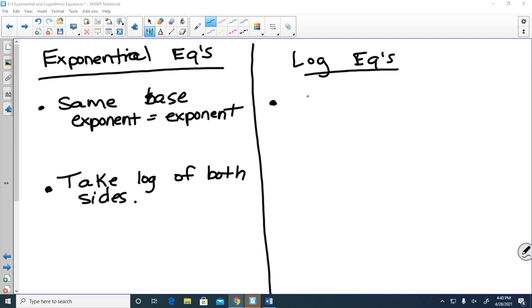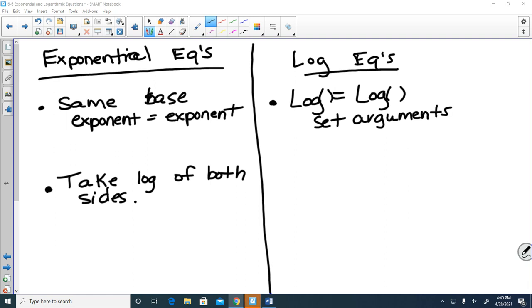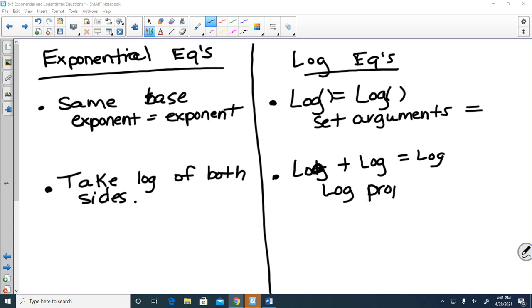Log equations. If you can get it in the form log equals log, that's what you want to try to do, then you can set the arguments, or whatever you're taking the logs of, equal to each other. If you have log plus or minus log equals log, you're going to need to apply log properties first, and then do this.